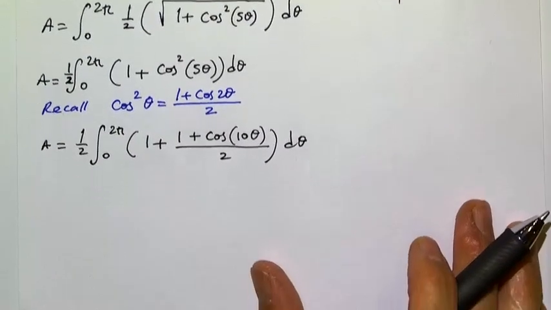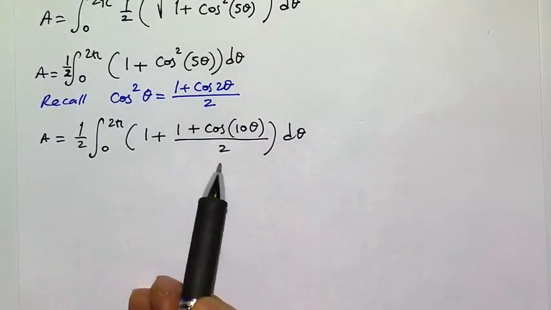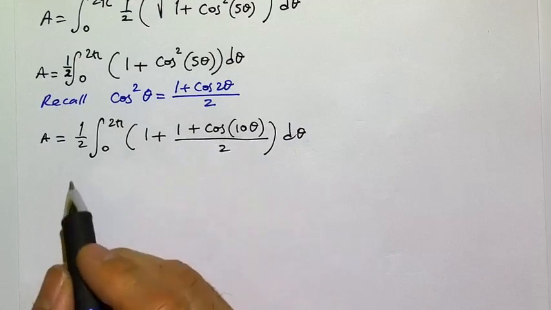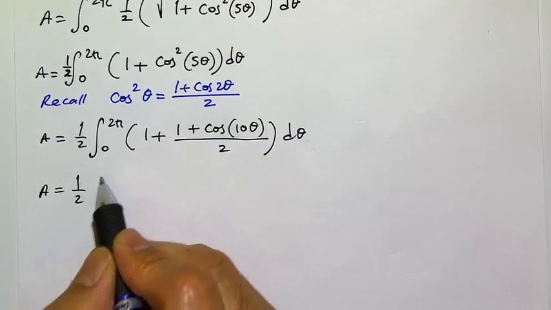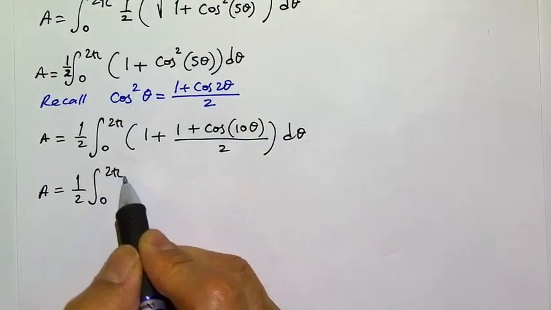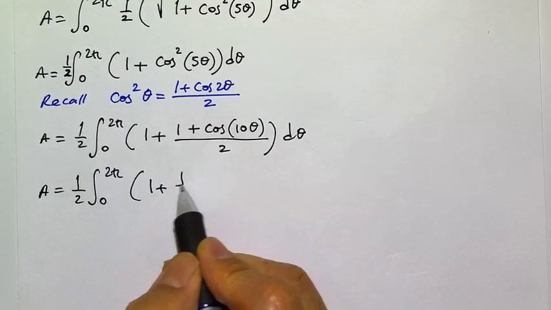So let us, again, like the previous example, separate the constant from the trigonometric function here. So we have A equals 1/2 times 0 to 2 pi, and then we have 1 plus 1 over 2.